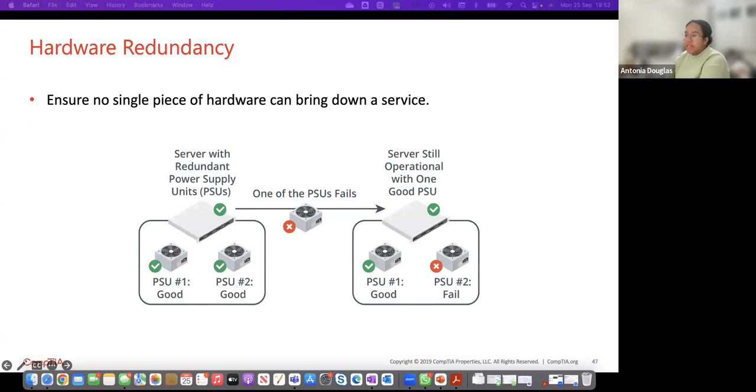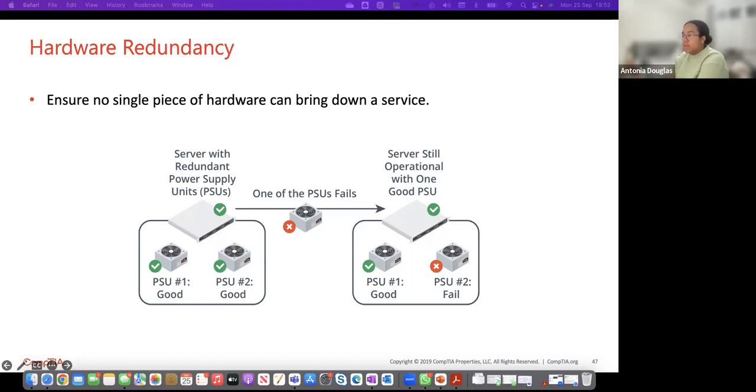Let's look at hardware redundancy. Ensuring no piece of hardware can bring down a service. So you've effectively got two running environments there. So physical servers normally ship with two power supplies.